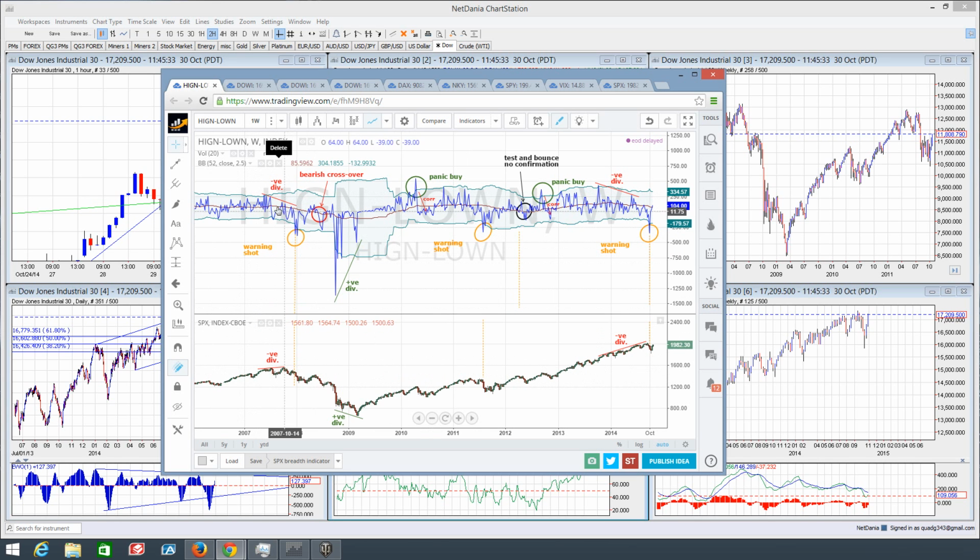So the participation rate of this move higher was shrinking, even though the actual price was moving higher. Basically, you have fewer and fewer stocks carrying the water for further upside, while more and more individual stocks are creating new 52-week lows.